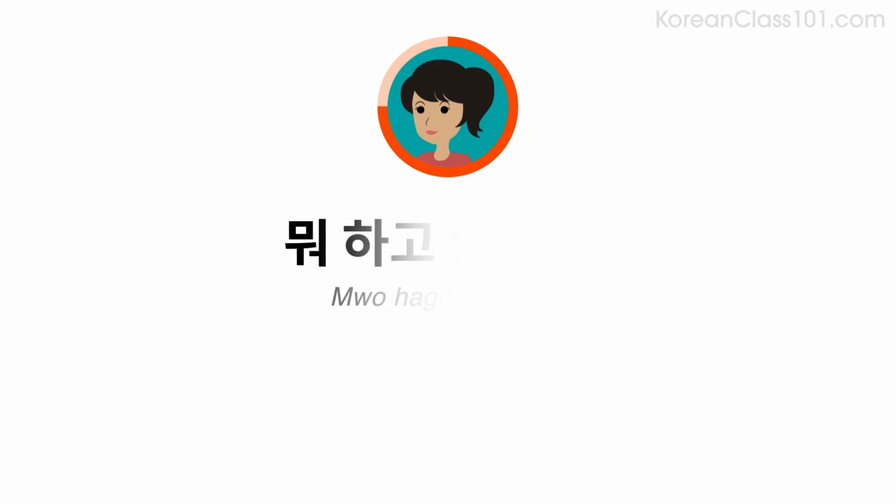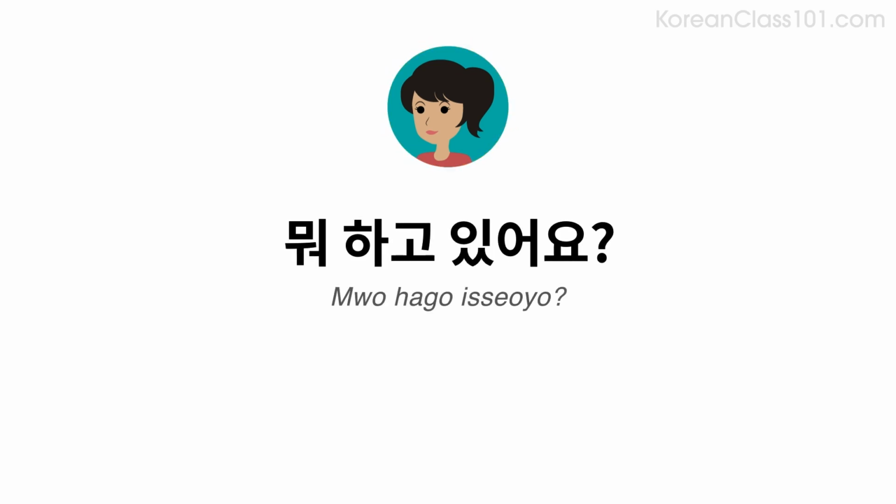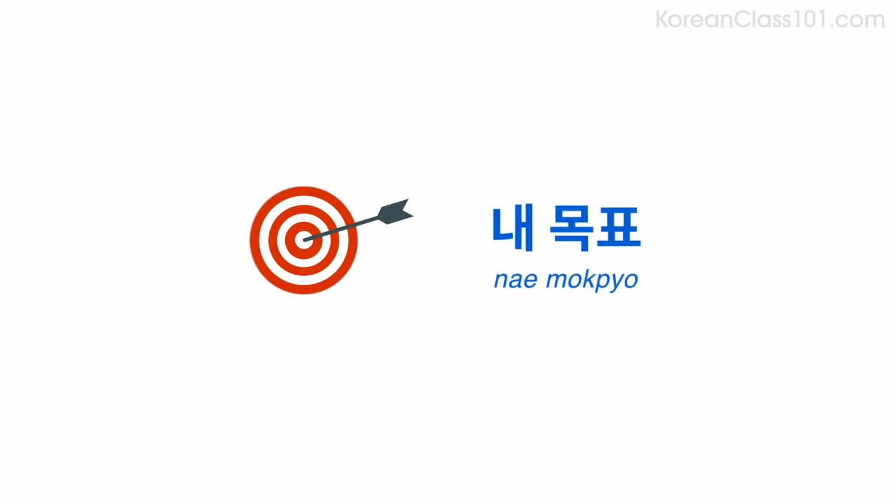Okay, now it's your turn. Do you remember how to say, "What are you doing?" 뭐 하고 있어요? Imagine you're writing your goals. Do you remember how to say, "My goals"? 내 목표.